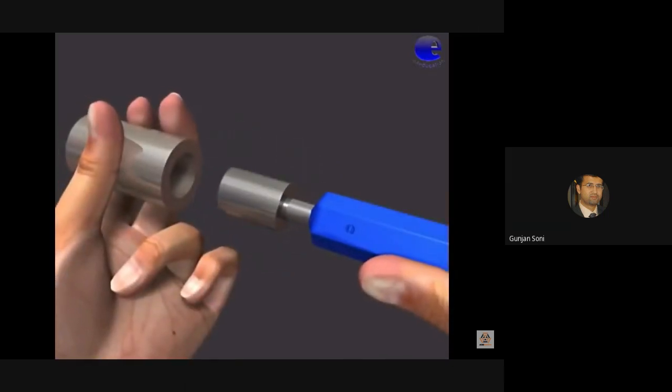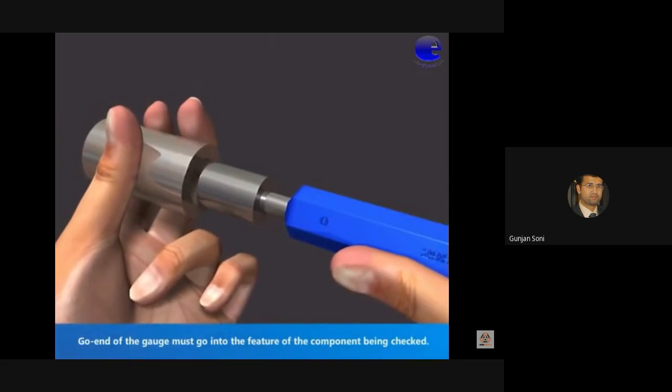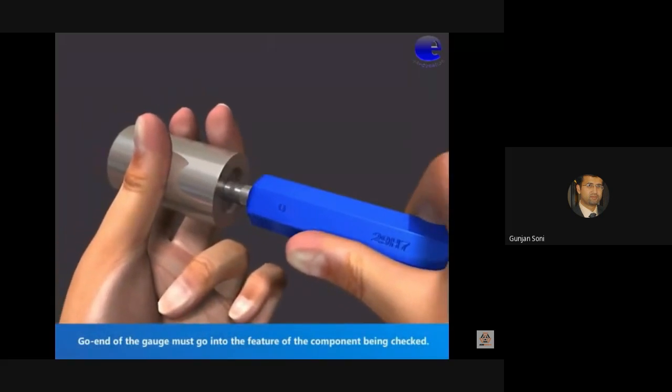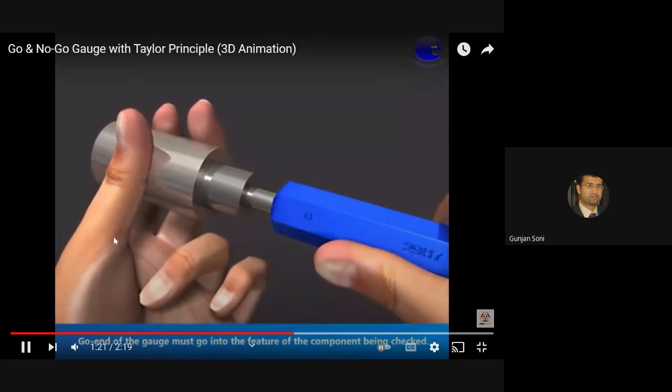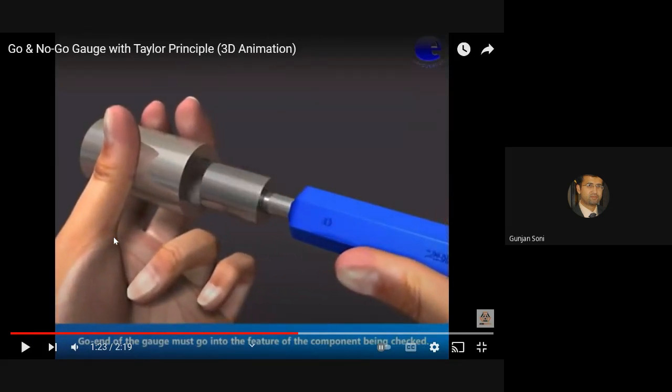Now see the go process. In this case, the go end of the gauge must go into the feature of the component. Therefore, the component being checked. So it checks either of the things. It checks both the things, if it goes inside and if it doesn't go inside. Okay.